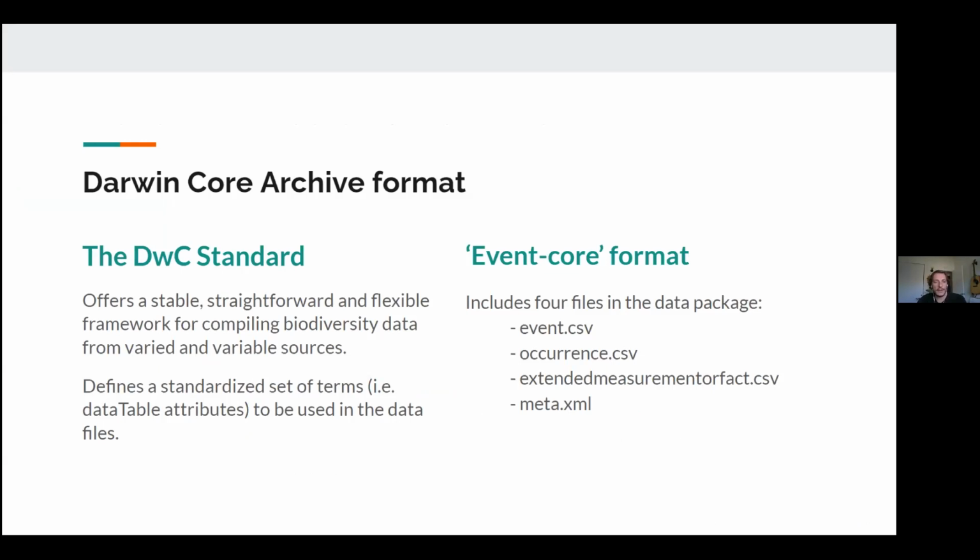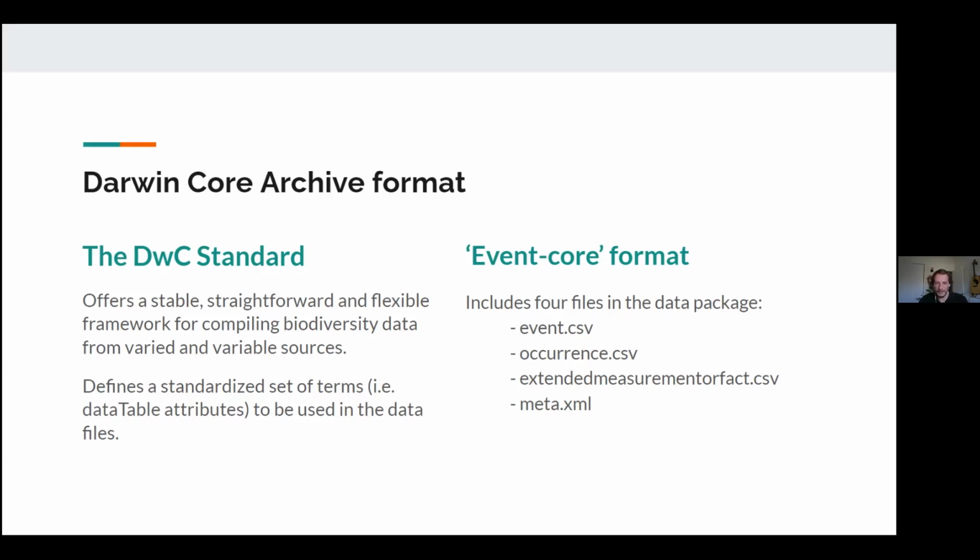Darwin Core provides a standard and reliable framework for representing and compiling biodiversity data. Essentially, it defines a standardized set of terms that can be represented in the data files, and then also dictates which data files specifically need to be present and what attributes those data files need to contain.